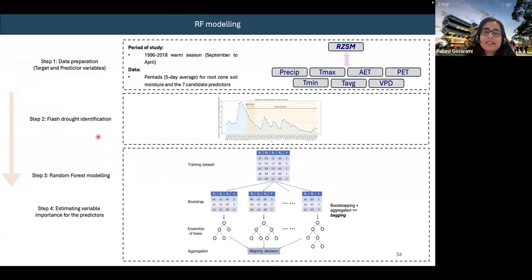With this particular work, we were trying to see if the root zone soil moisture can be explained by meteorological variables. So we looked at precipitation, maximum temperature, the actual evapotranspiration, potential evapotranspiration, minimum temperature, average temperature, and vapor pressure deficit.